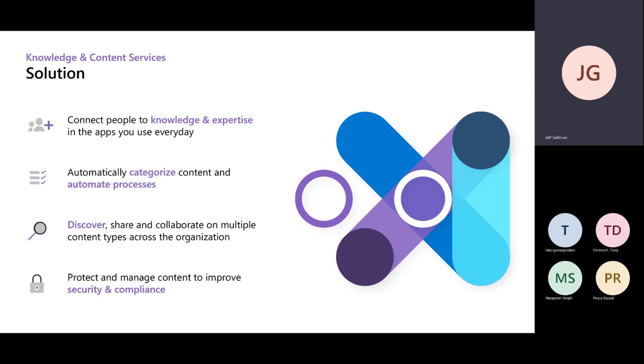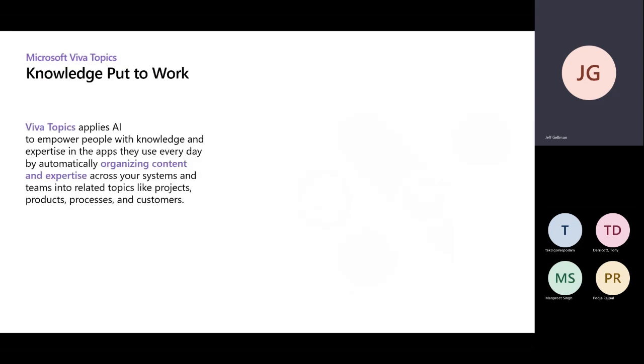Automatically categorize the content that's out there and automate the processes for getting and categorizing that content. It also provides the ability to discover that content and share and collaborate on multiple different content types all across the organization. And lastly, and a big one, of course, is protecting and managing that content to improve the overall security and compliance piece of it.